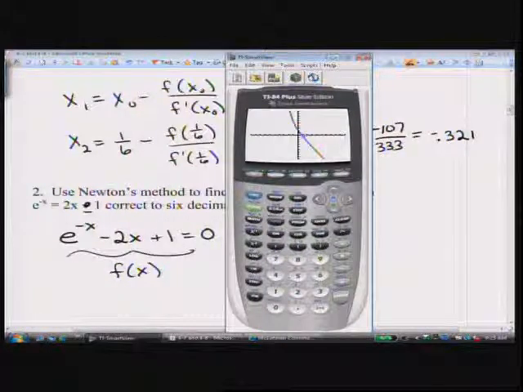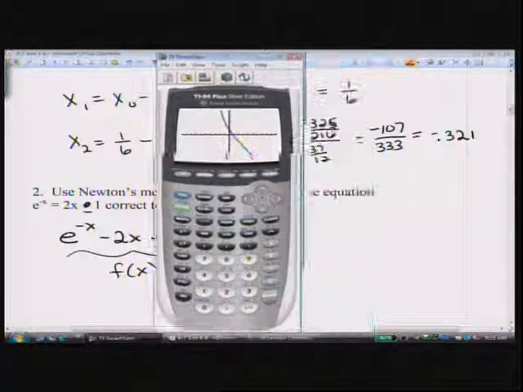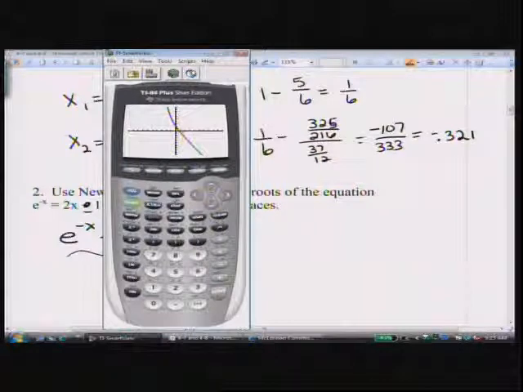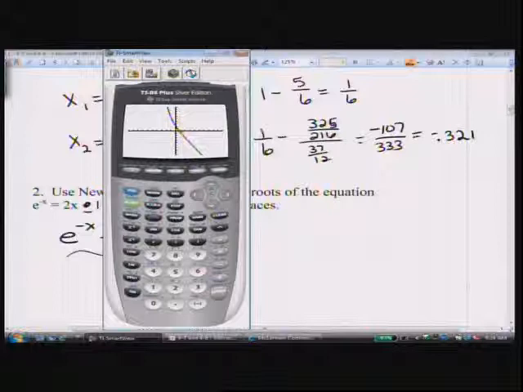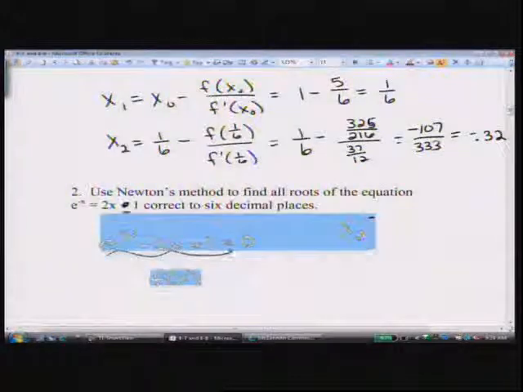It looks like it crosses somewhere close to 1. So I'm going to choose from the graph my starting point to be 1. We're looking for where it crosses the x-axis, so it seems to be crossing a little to the left of 1. Are you with me? Okay. So I'm going to let x naught equal 1, and that's sort of arbitrary.